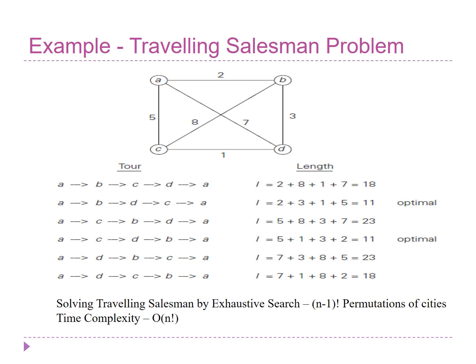Hence, the time complexity of solving the traveling salesman problem by the exhaustive search approach is big O of n factorial.